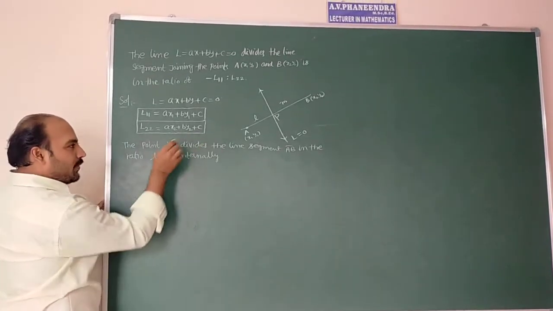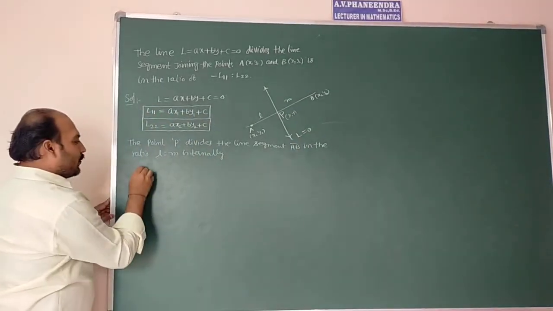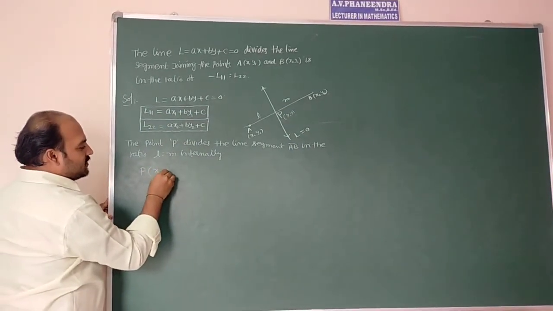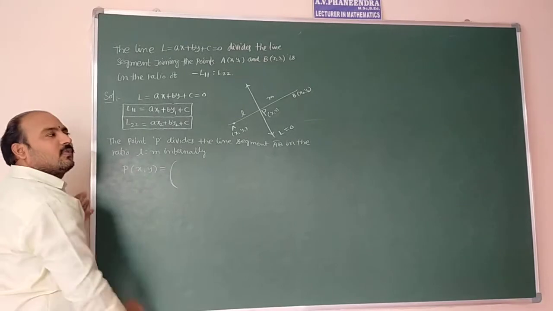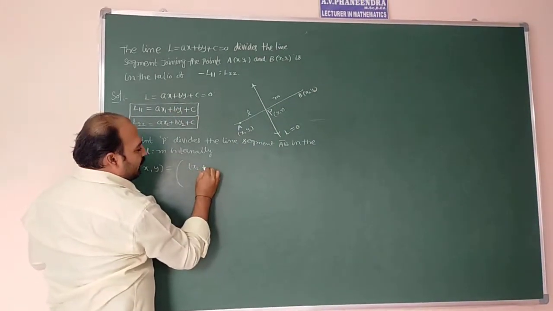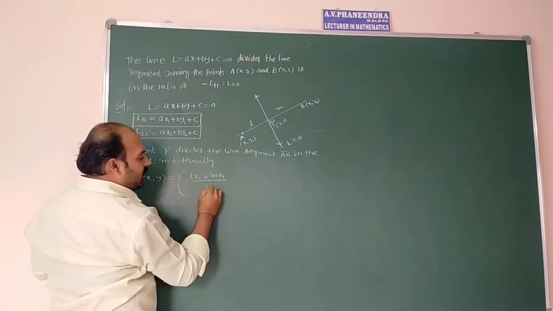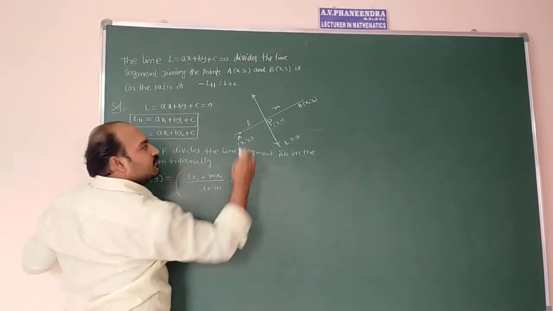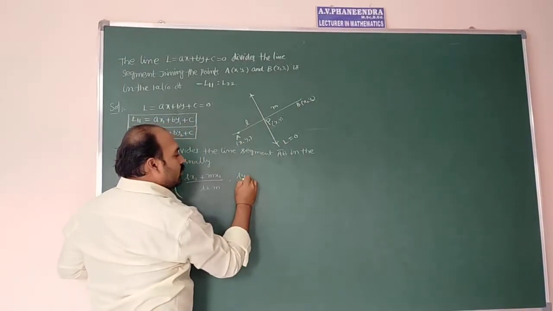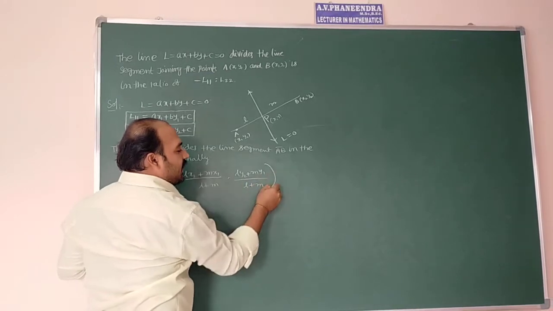Internally means we know that P, this point I am assuming x comma y. So P of x comma y is equal to Lx2 plus mx1 divided by L plus m, Ly2 plus my1 divided by L plus m.